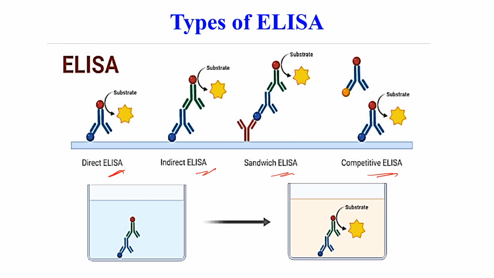So, ultimately you have to immobilize enzyme, either antigen or antibody on the surface, and that will convert the substrate to the product, and in turn you will get either a colorimetric signal or electrochemical signal. So, most of the time in the ELISA we get colorimetric signals.